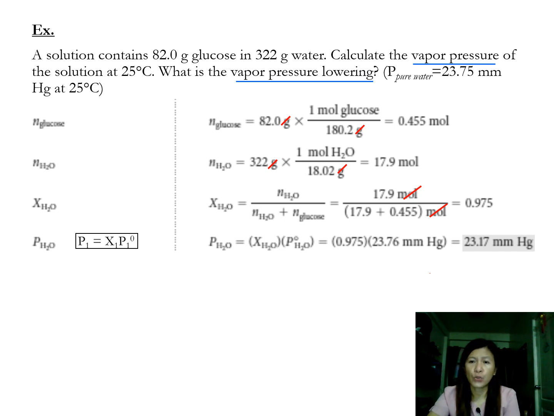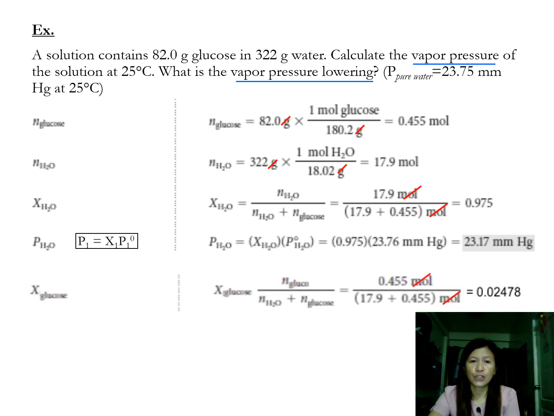Multiplying the two, you will get 23.17 millimeters of mercury. This is now the vapor pressure of the solution, or of the solvent over the solution. Is it greater than or less than the vapor pressure of the pure solvent? This is expectedly lower than the vapor pressure of the pure solvent, because the addition of solute results in a lowering of vapor pressure. Let's see.